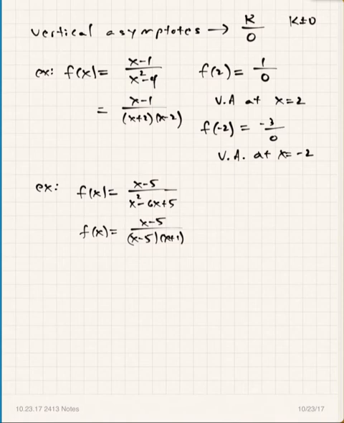I'm sorry, not x plus 1, x minus 1 there also. That's better. And so what do we have here? We have that f of 1 gives you negative 4 over 0 when you try to evaluate it. And so what do you have here? You have a vertical asymptote at x equals 1.